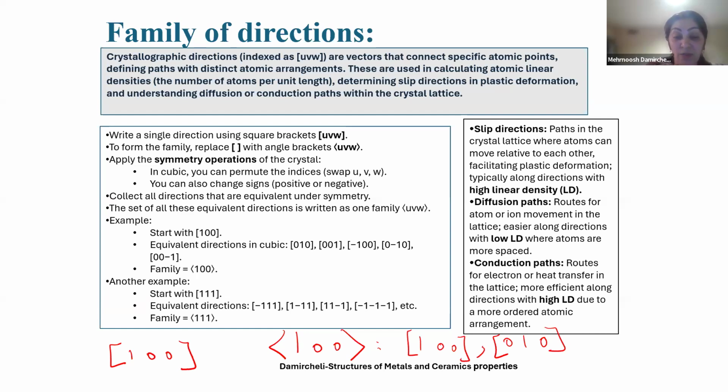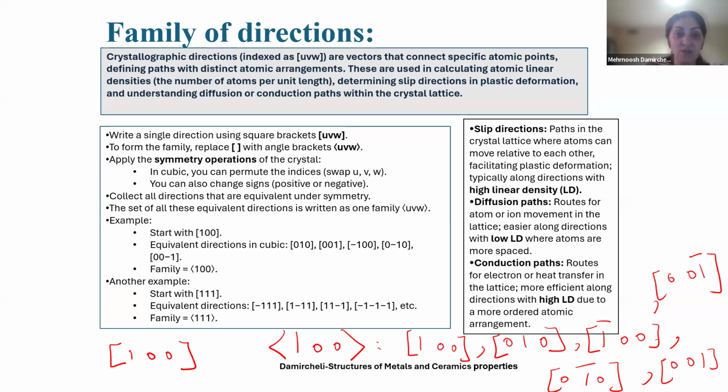And all of their negatives belong to this, [-1 0 0] or [0 -1 0]. Then rotate, that means 1 comes to here, [0 0 1] or [0 0 -1]. All of them belong to one family.